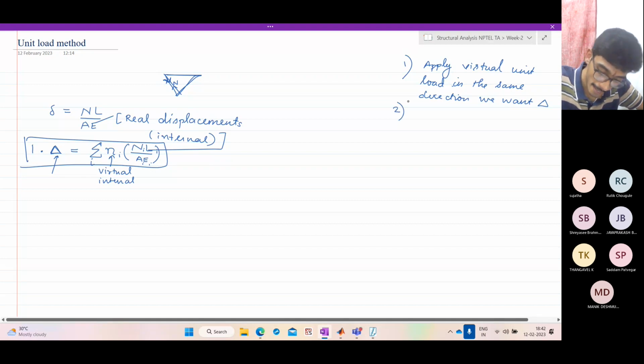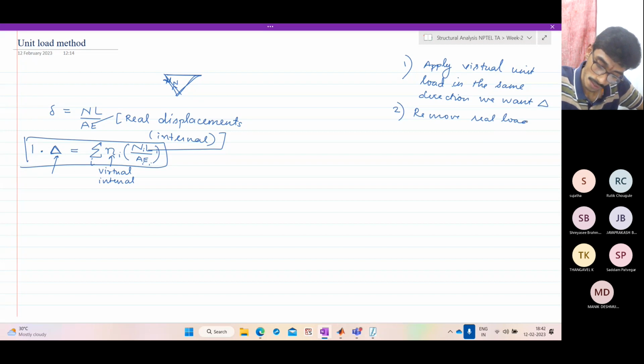Second step, remove the real loads and get the member forces under the virtual force. Call them small n i.